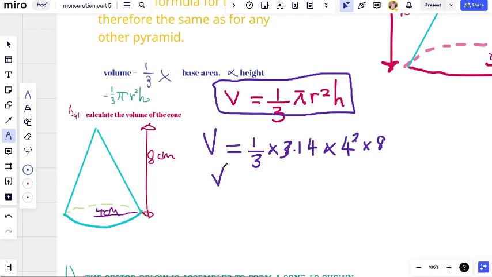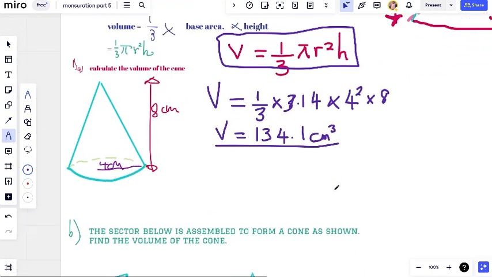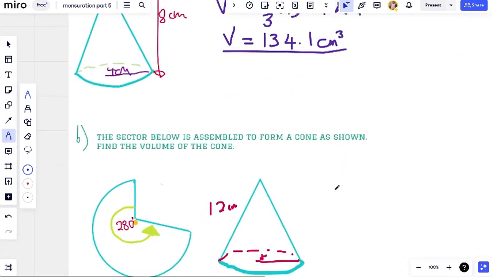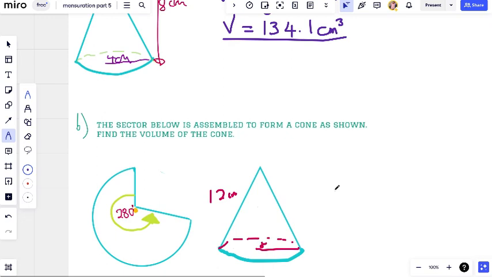The volume is 134.1 centimeters cube, because we're looking for volume. So that's the first scenario. To 3 significant figures, you just write 134 centimeters cube. And let's look at the second question.